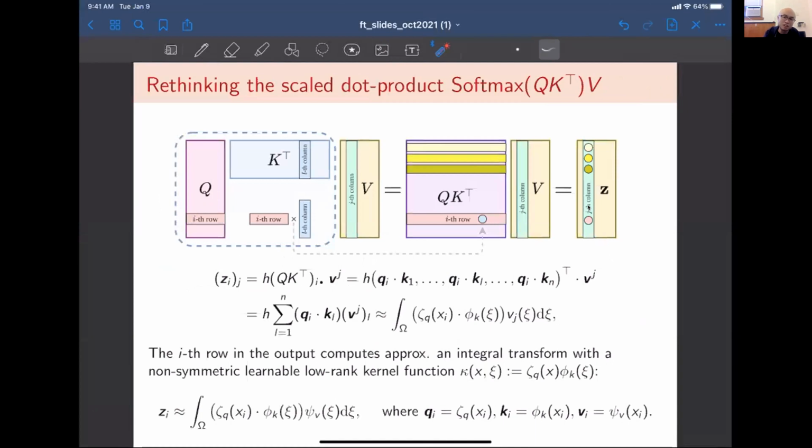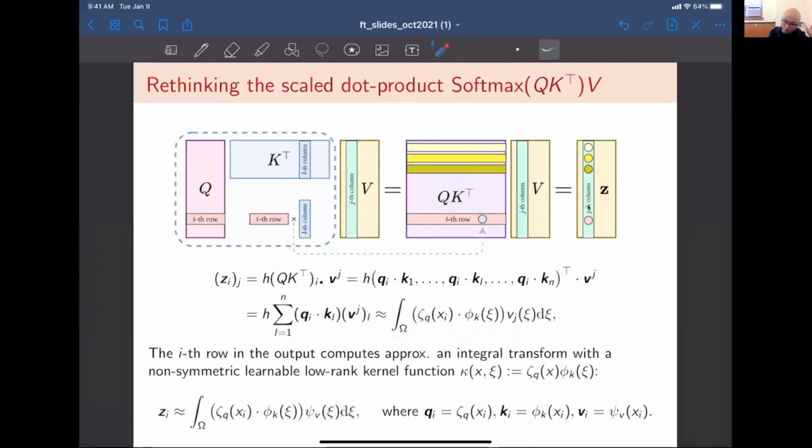I started reading all this literature about transformers and how people understand them. I think no one has really dissected the transformer, the scaled dot product attention, component-wise. If we dissect it component-wise and ignore the softmax, we can rewrite it.